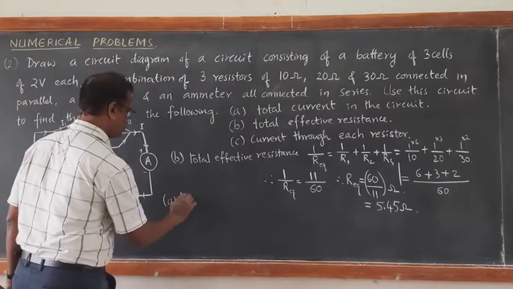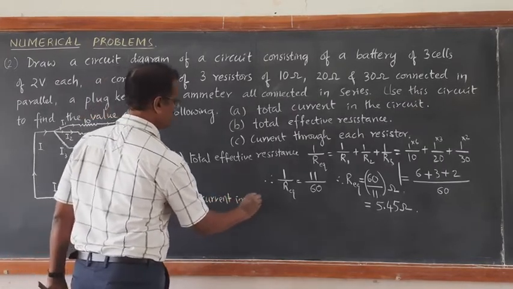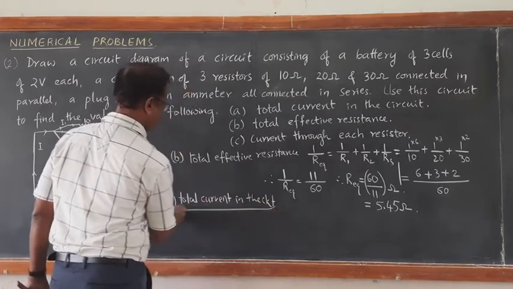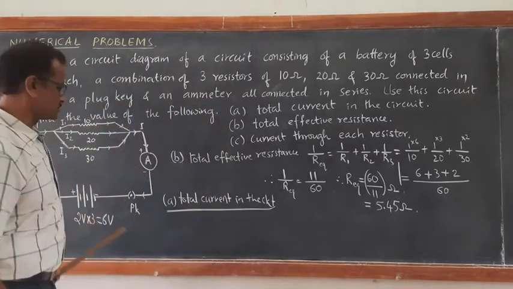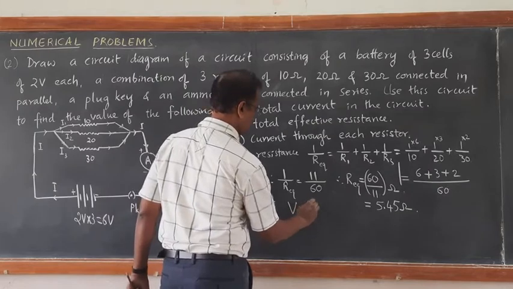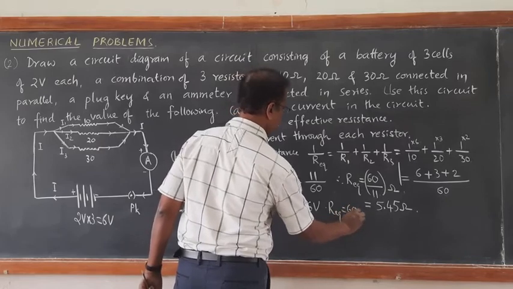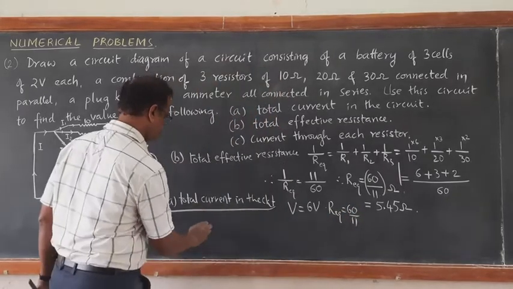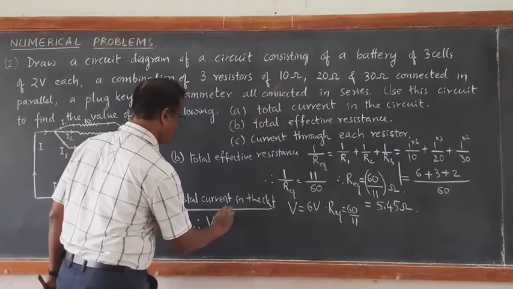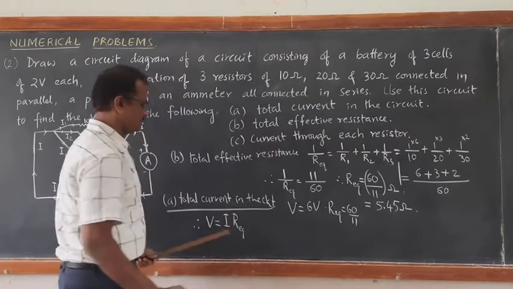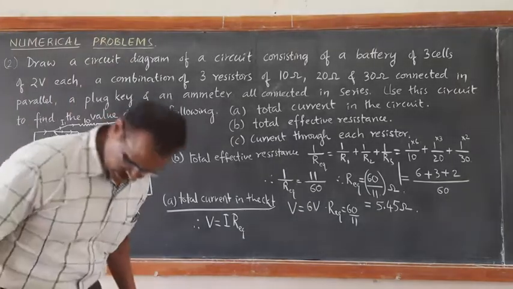Now next, total current in the circuit. Using Ohm's law, the total voltage is 6 volt. Total R equivalent is 60 by 11. Therefore, current I can be calculated using Ohm's law, V equal to I into R equivalent.